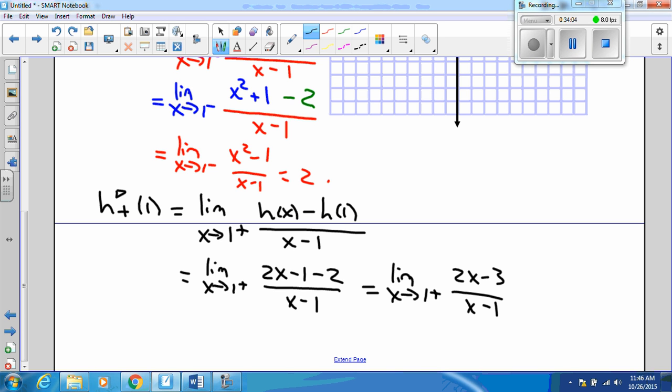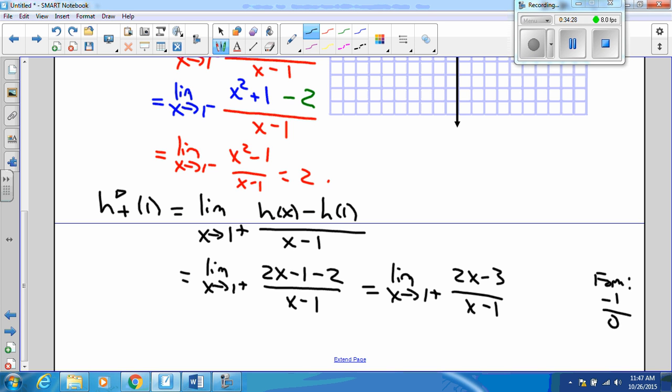I don't have a common factor. Wait, is that right? Let me check the form real fast. What is the form for my limit? The form for that limit is 2 times 1 minus 3, which is negative 1, divided by 1 minus 1, which is 0. Oh, that's interesting. What form is that limit taking?